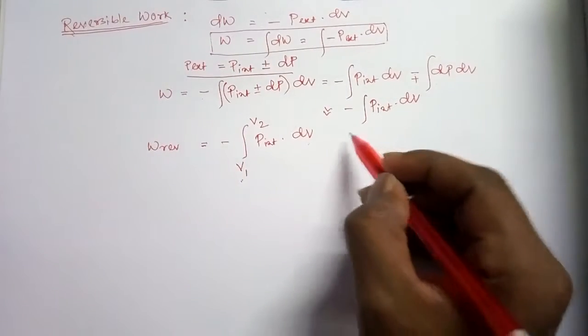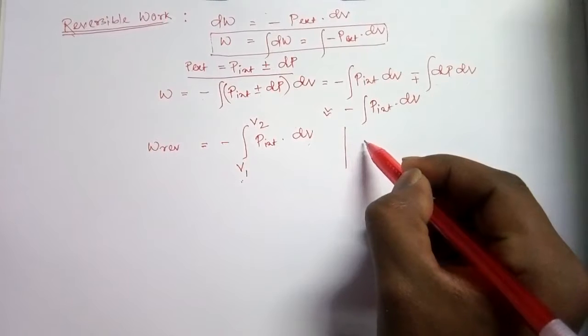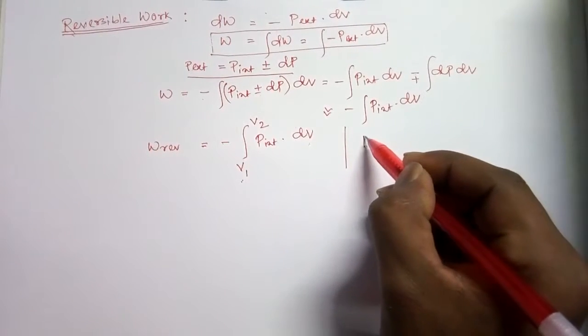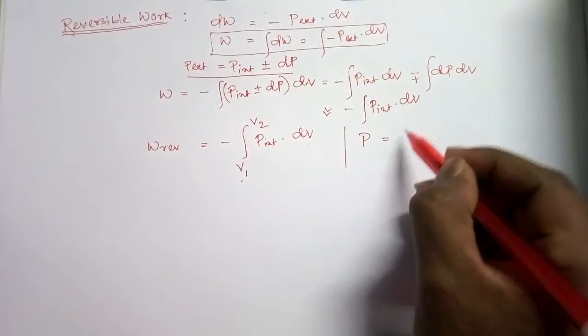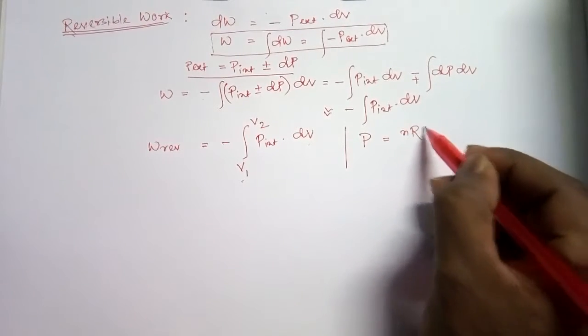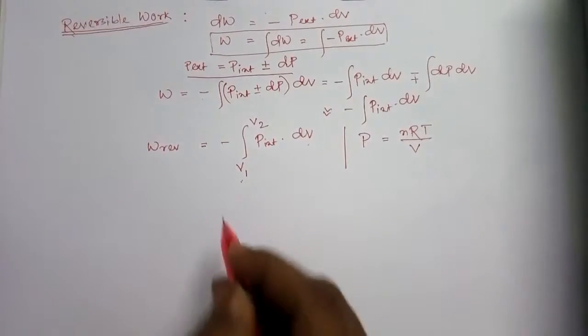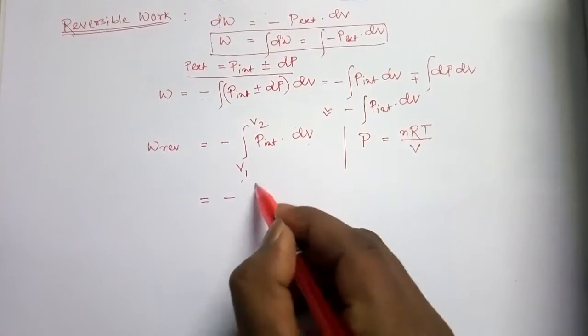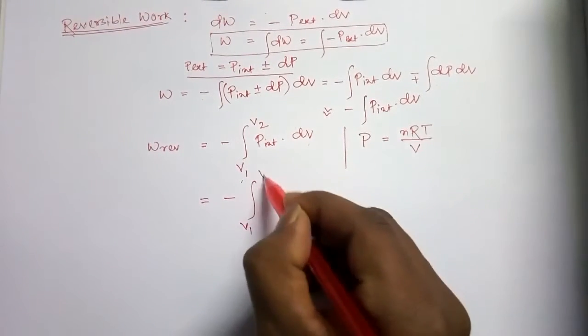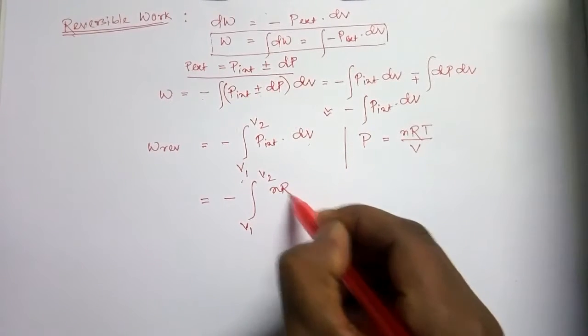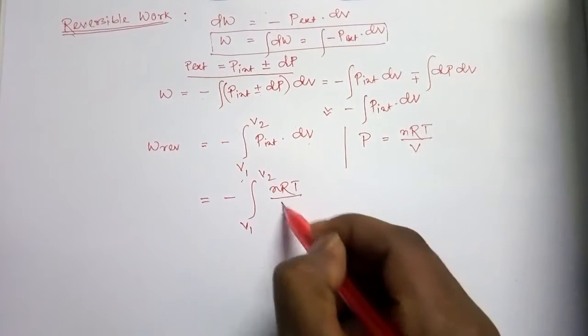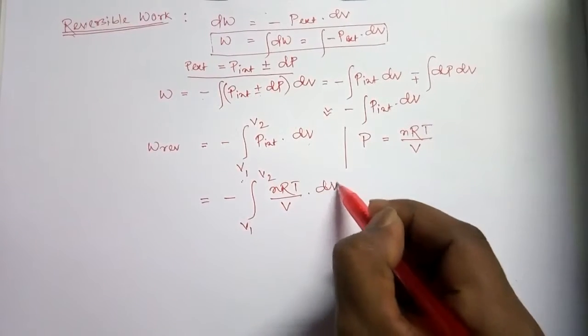Now for n moles of ideal gas, we can write P is equal to nRT by V, right? Then if we substitute that value, it becomes the integral from V1 to V2 of nRT by V into dV.